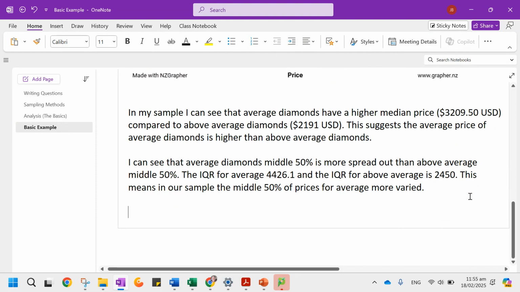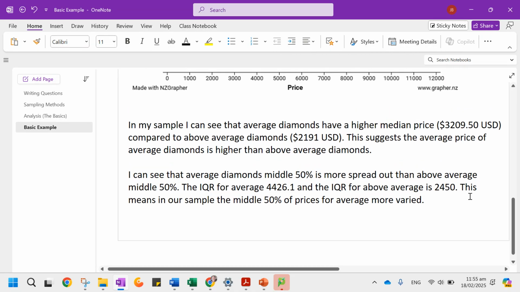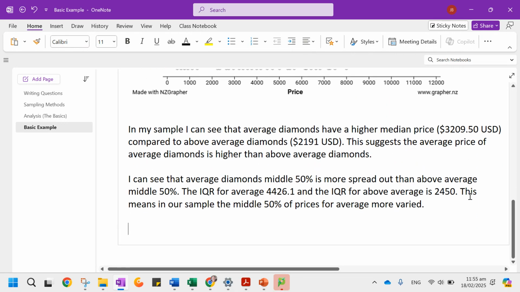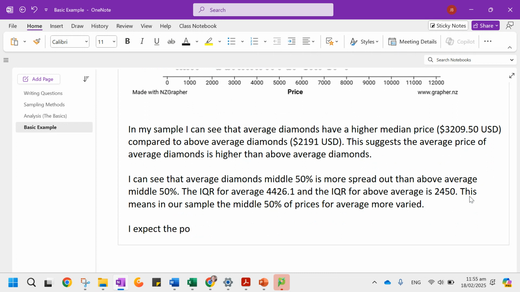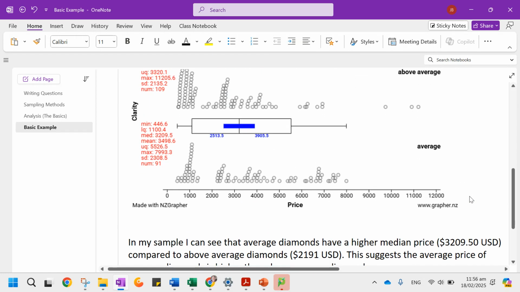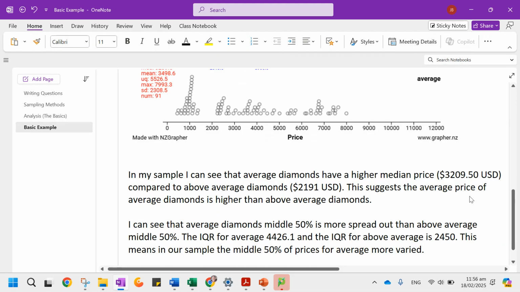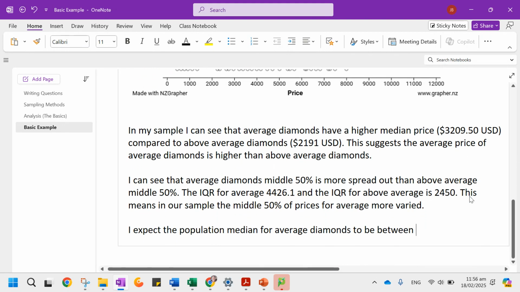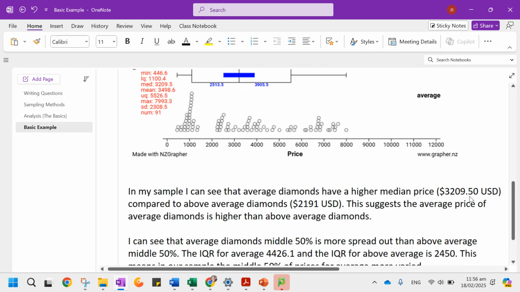Okay, so when we start talking about our confidence intervals for our conclusion, we say, I expect the population median for average diamonds to be, and we say what it's between. 2513.50.